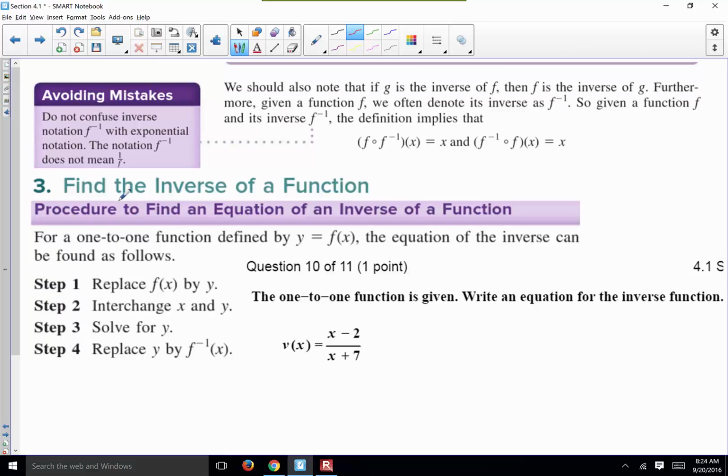However, most people confuse this f to the -1 with this. It's not 1 over f. Like if I put 2 to the -1, you guys make this 1 over 2. But this -1 does not mean exponent. This is just notation. It's not power. It's not exponent. So this is totally false.